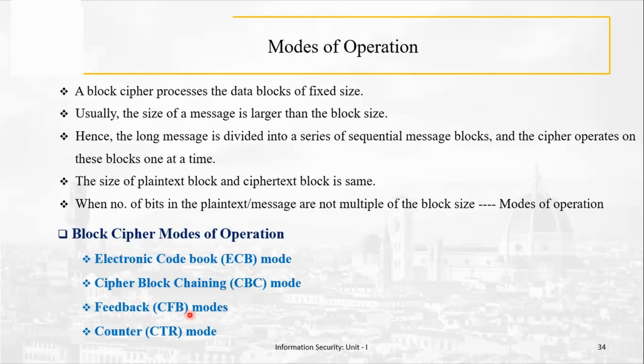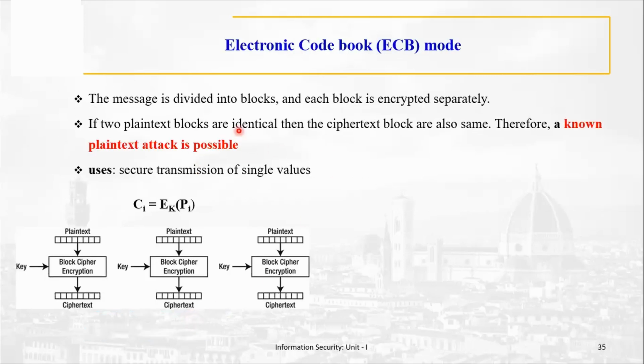Actually, this is the way of executing the rounds: how you are giving the input to a round, how you are getting the output from the round, and how to make the process a bit difficult for hackers to do cryptanalysis of that algorithm. So let us start with electronic code book.